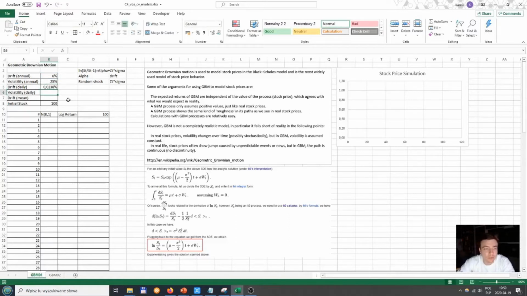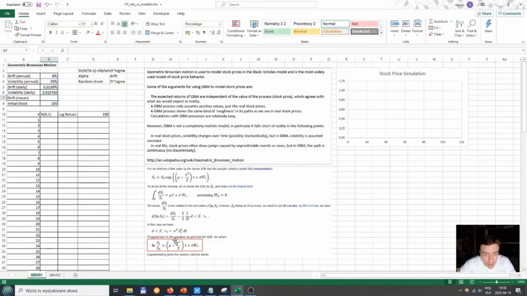In case of volatility, if we want to scale it down, we need to remember this square root rule, so we can linearly work with the variance, but in case of standard deviation we need to incorporate the fact that this is the square root of the second central moment, so we actually have to divide our annual volatility by the square root of the total number of days, 252.